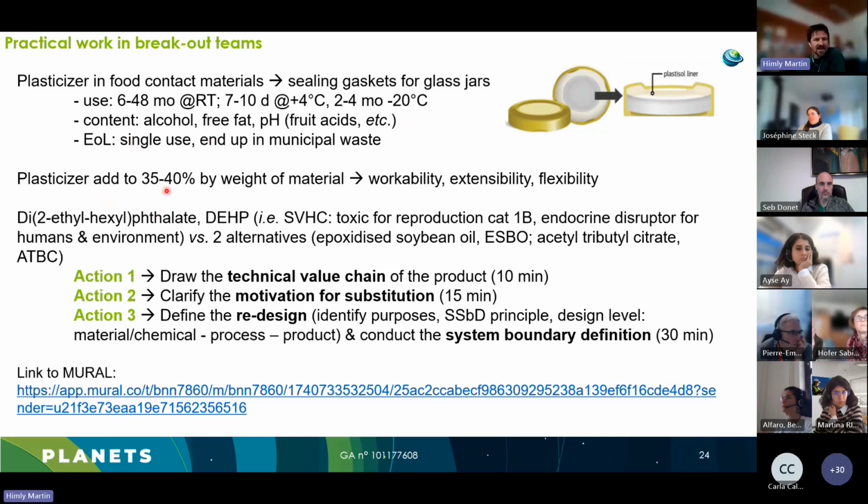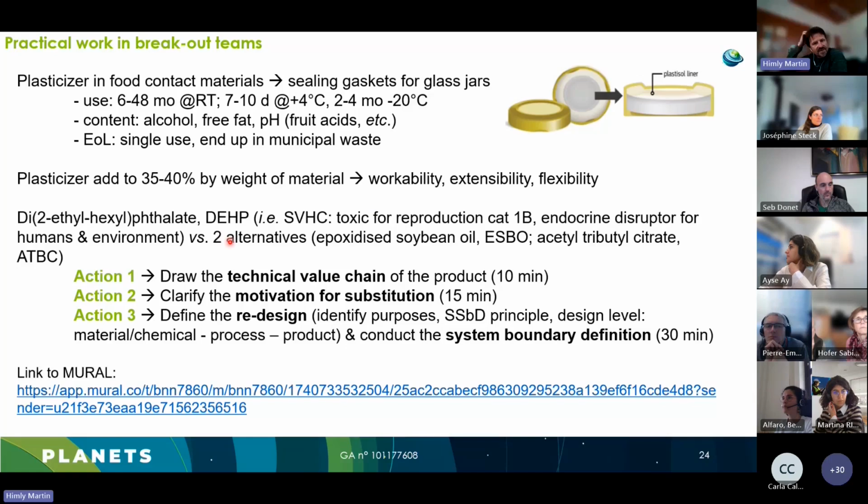The plasticizer adds up to a significant percentage of the material in the end, up to 35 to 40% by weight. Their job is basically to enable workability, extensibility, and flexibility of the material, also to keep the material inside sterile.